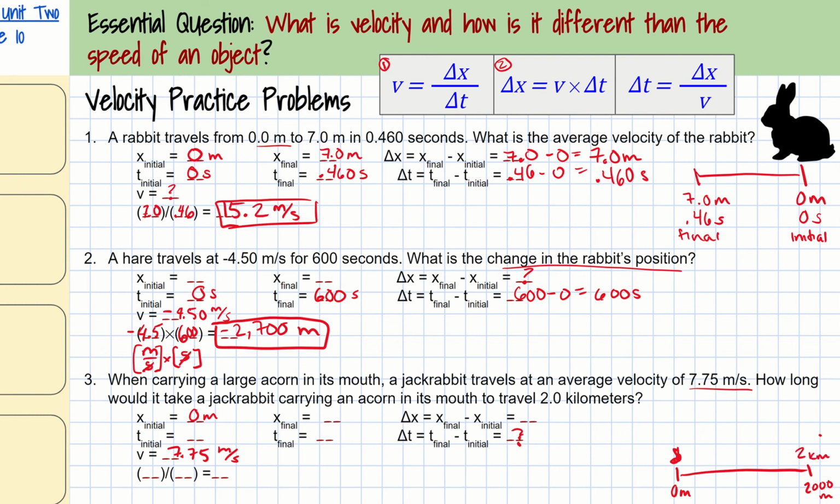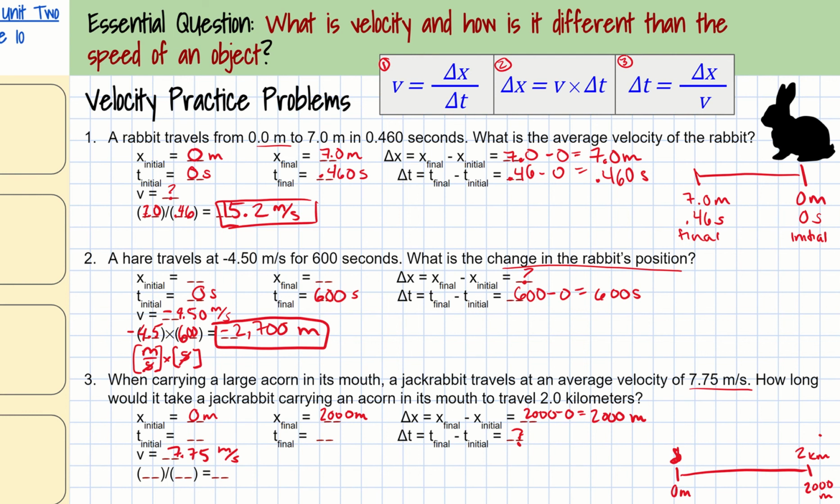So instead of putting our change in position down as kilometers, because we have a velocity in meters per second, we want a change in position in meters as well. So I'm going to write my final position as 2,000 meters. And then I take 2,000 minus 0 gives me 2,000 meters.